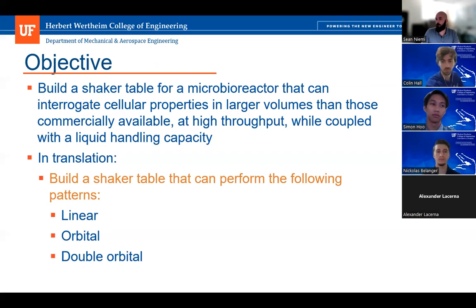And I guess the main thing that we went for was also simplicity, right? So making sure that our product was simple and robust and as adjustable as possible for the consumer. So making sure, I guess in translation, we just want to make sure that we could hit the 3 main points that we needed, which was obviously make it linear patterns, making orbital patterns, and making double orbital patterns.